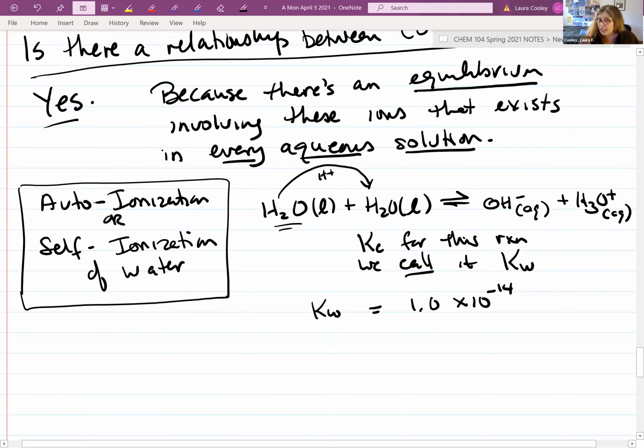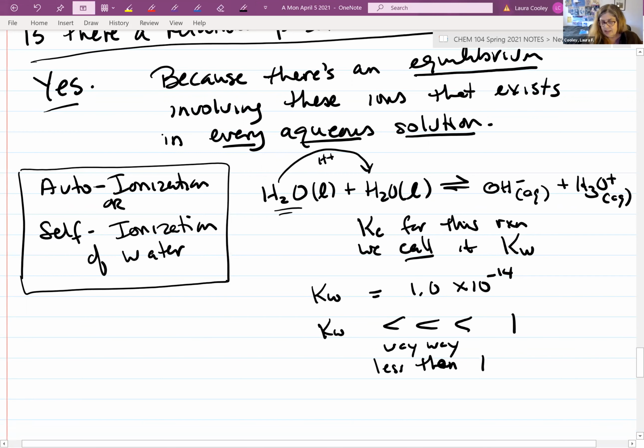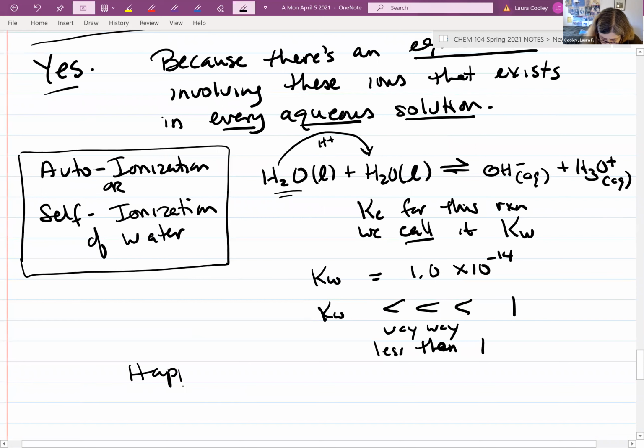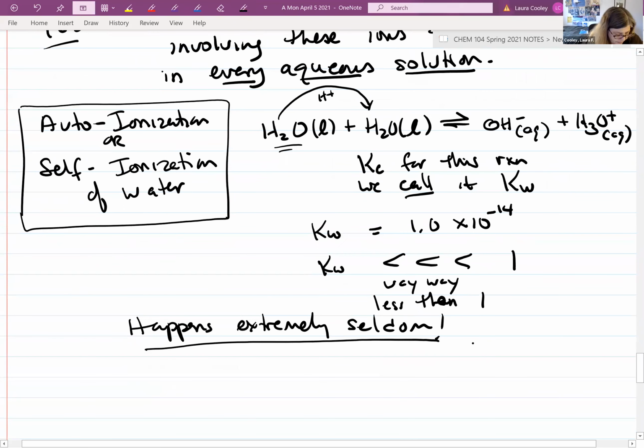That means most of the time this does not happen, okay? Only a very, very few times. So this number is way, way less than 1. So this happens extremely seldom, not very often at all.